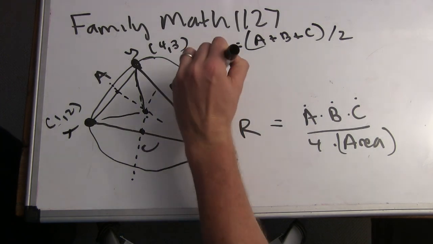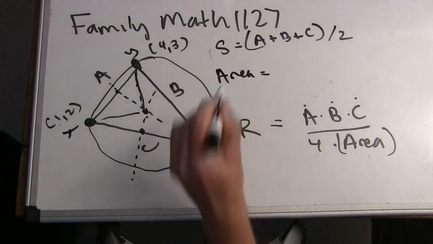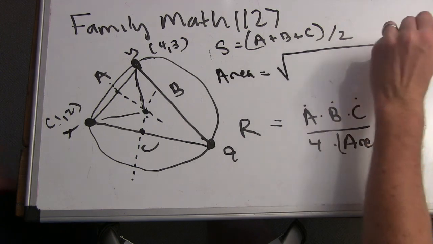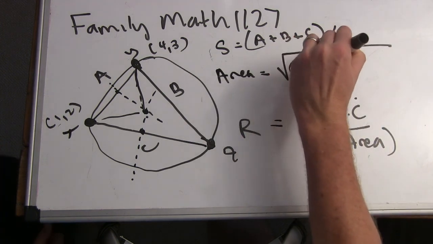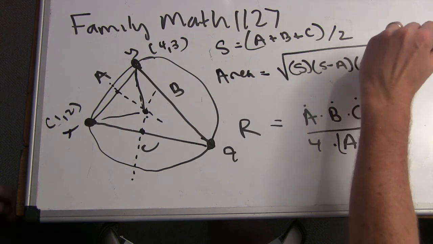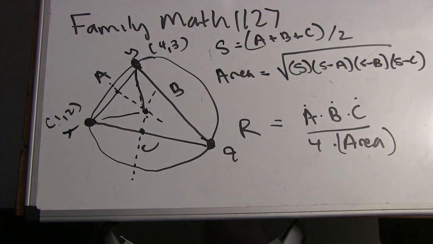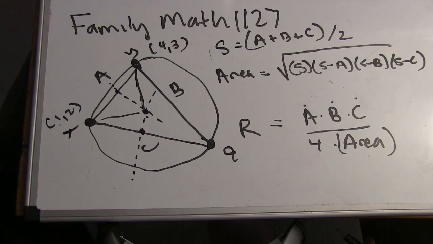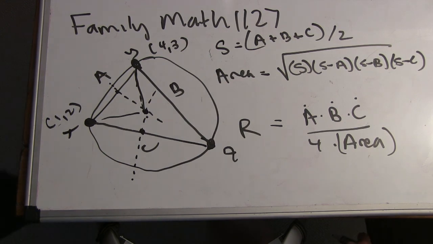Yep. The area of a triangle is the square root of S times S minus A, S minus B, times S minus C. So this is called Heron's formula. Have you ever seen this before? Yes, no, I think I remember it.